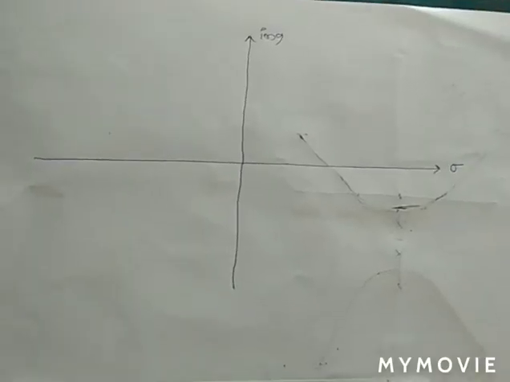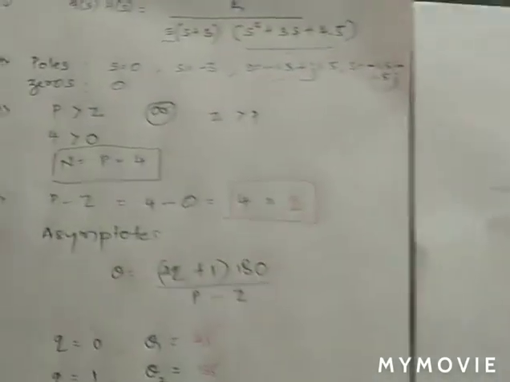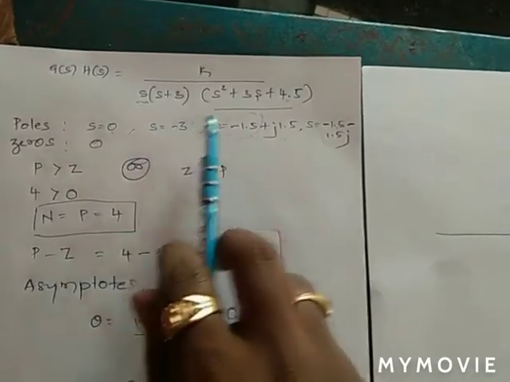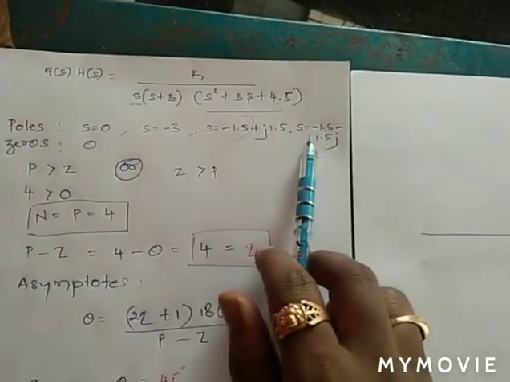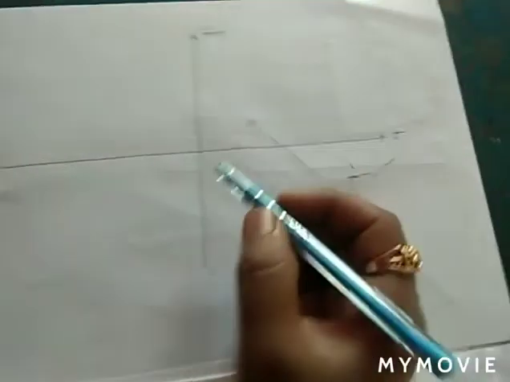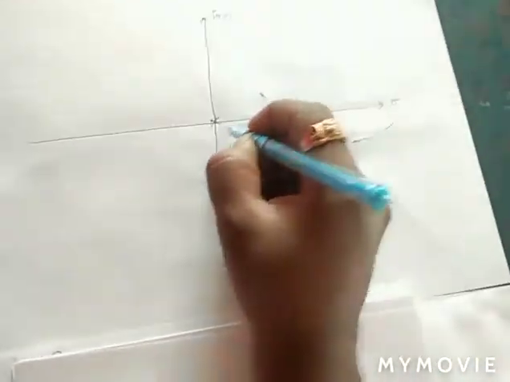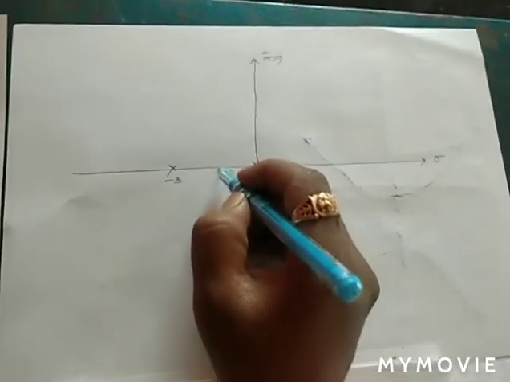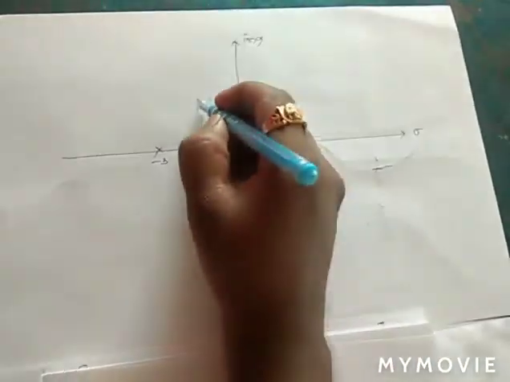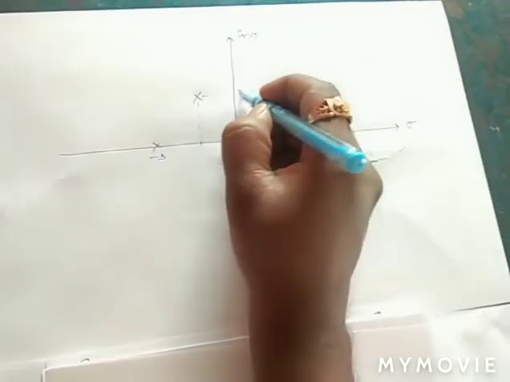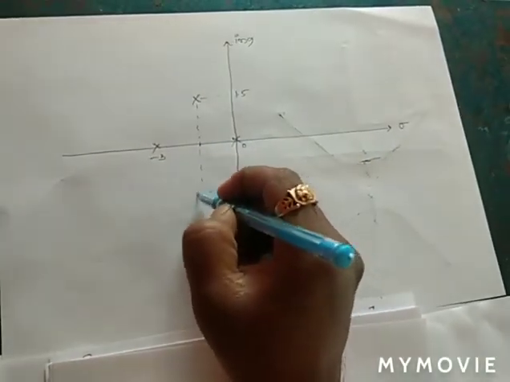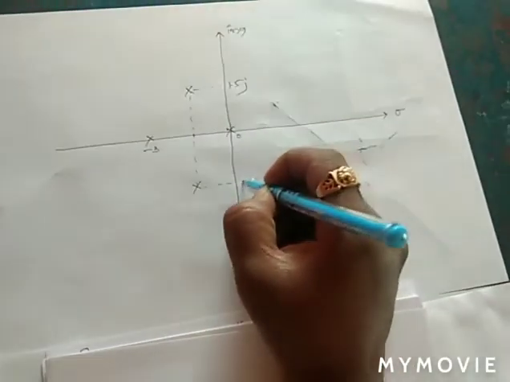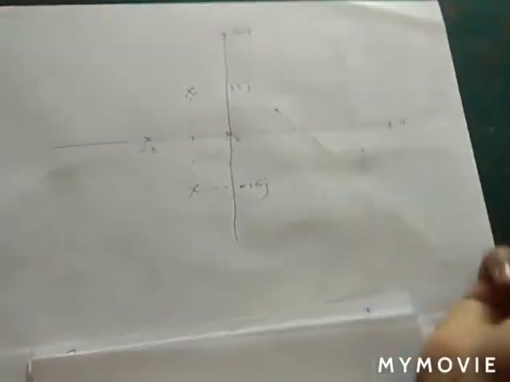So we'll draw the diagram. Poles, that is s equals 0, minus 3, minus 1.5 plus j, minus 1.5 minus j. So I will mark it here. S equals to 0, minus 3, minus 1.5 plus j 1.5, minus j 1.5.